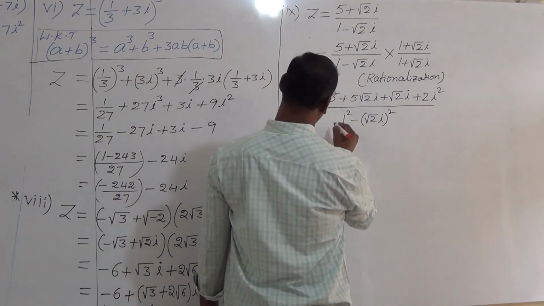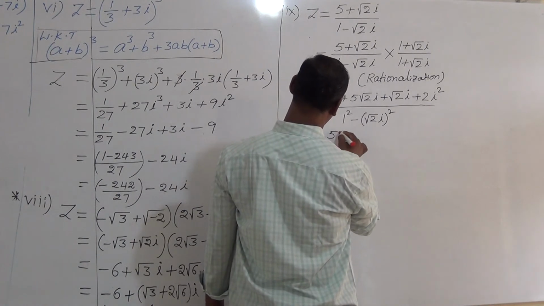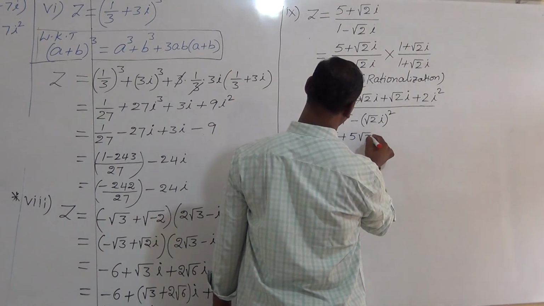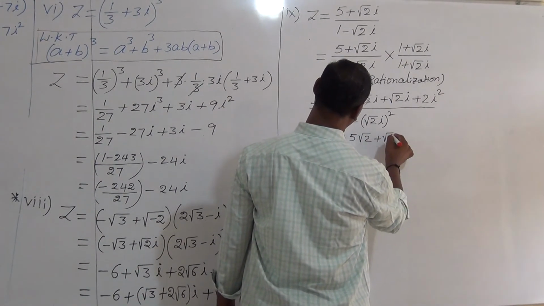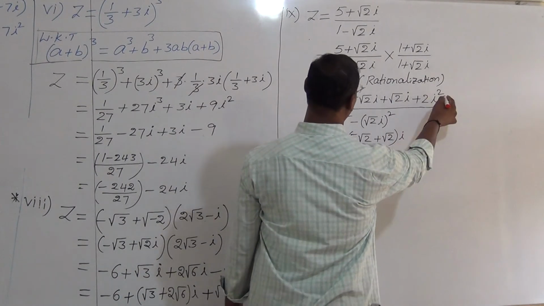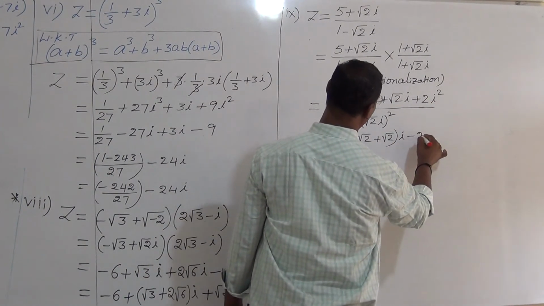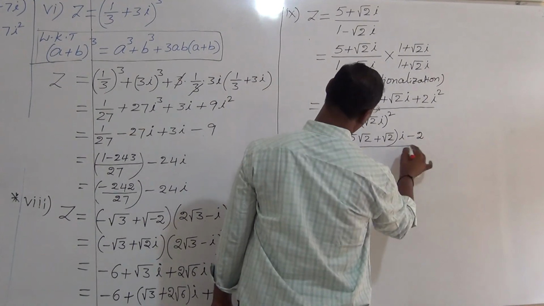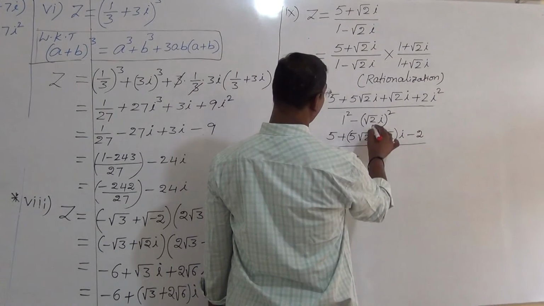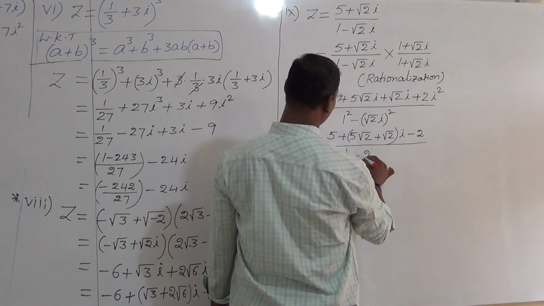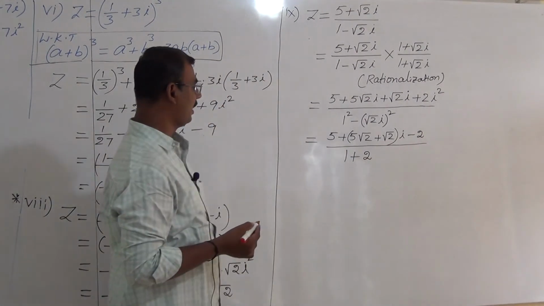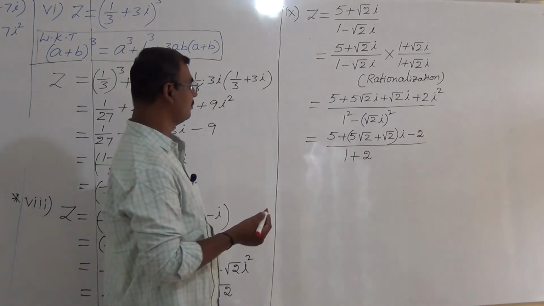This is equal to 5 plus 5 root 2 plus root 2, taking iota common, 2 iota square value minus 2, divided by 1 minus root 2 iota square value, 2 into iota square value minus 1. 1 plus 2 is 3.